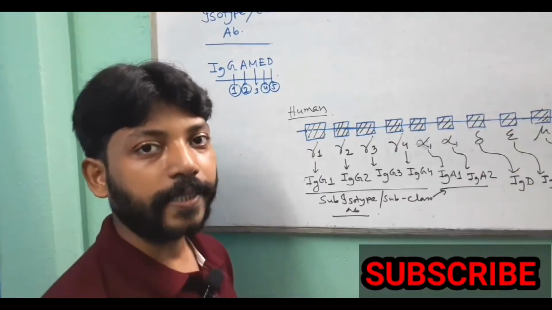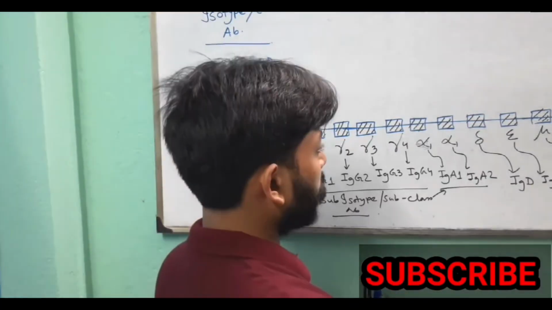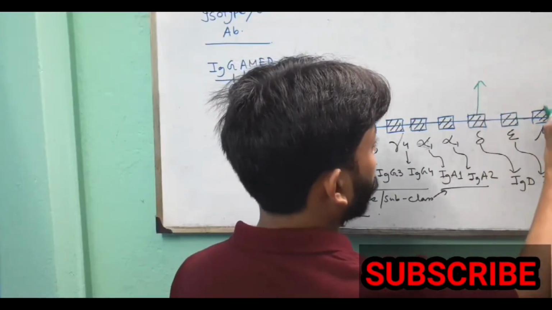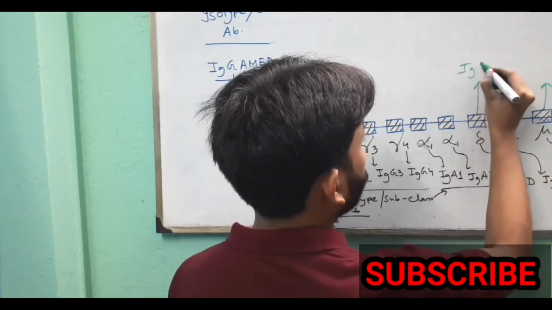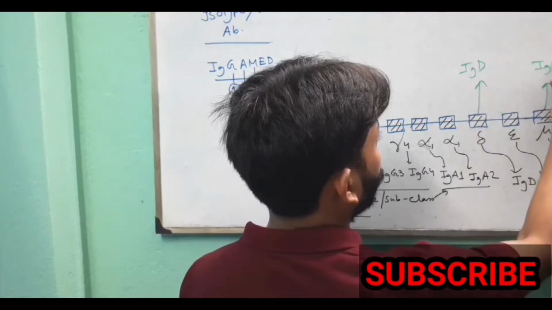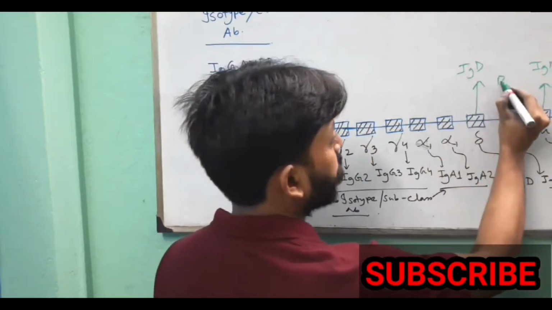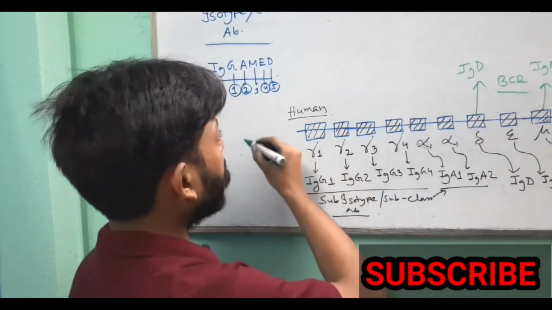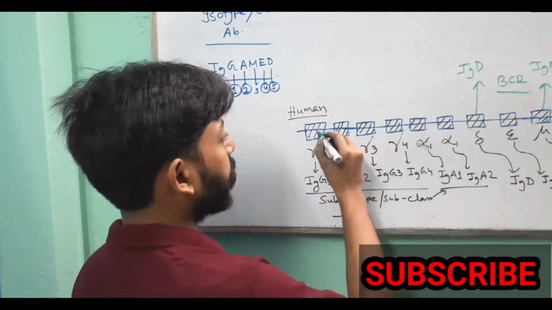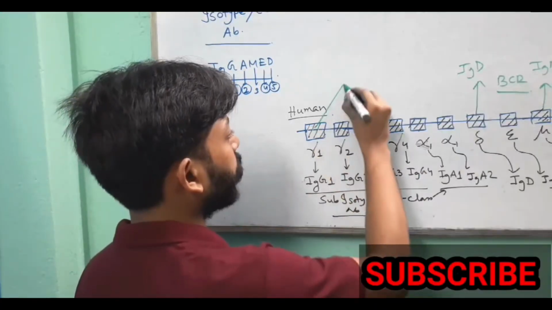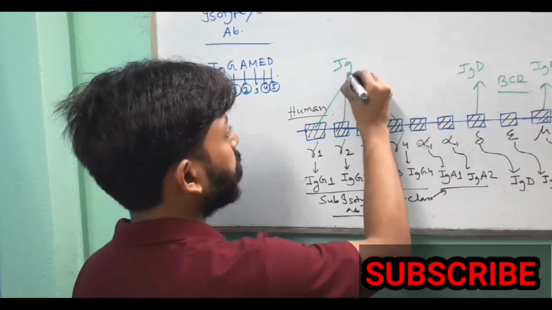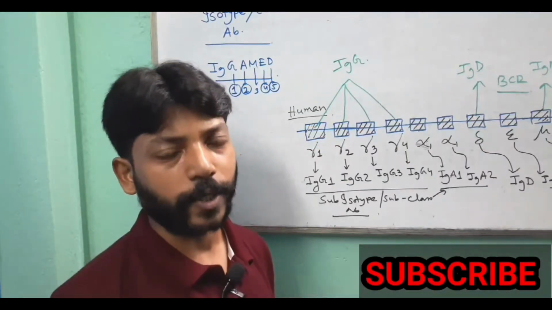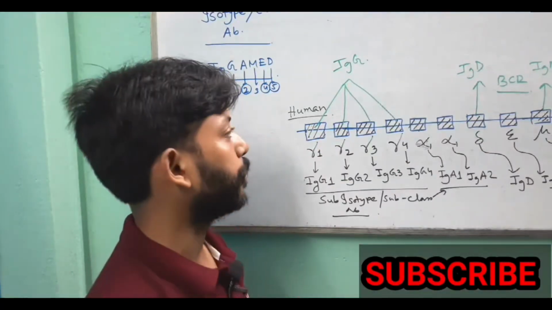When the B cell is naive, it activates these two gene segments. One is the IgD segment, delta segment, and mu segment for the production of IgD and IgM. These are the B cell receptor. But if there is any bacterial infection, the same B cell can activate these 4 segments of gene to produce IgG type of antibody, because IgG can eliminate or kill bacteria by opsonization and complement pathway.